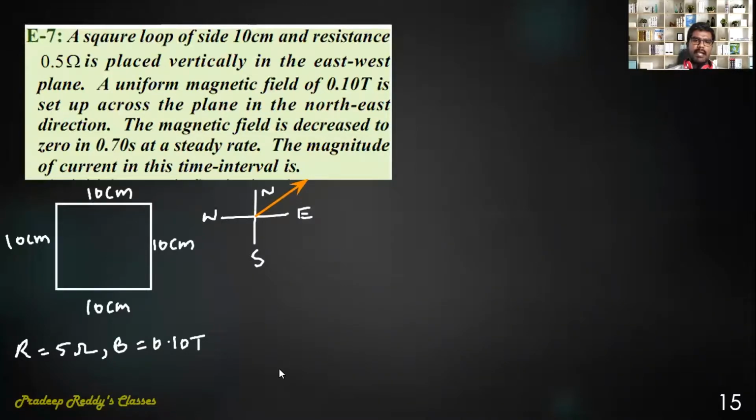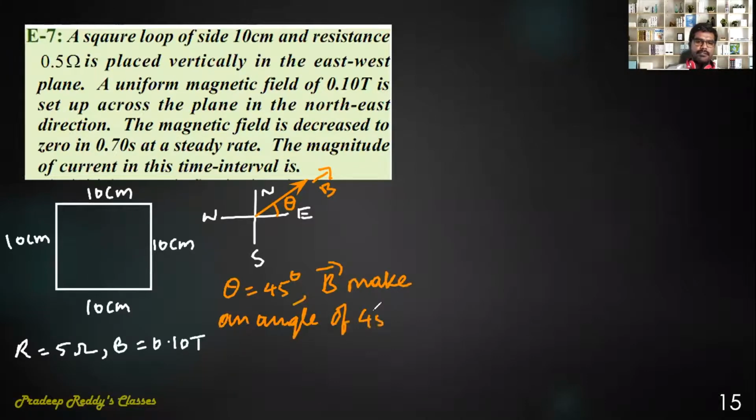This is the direction of magnetic field B bar. Now the plane over here, since it is exactly northeast, you can take this angle theta as 45 degrees. So B bar makes an angle of 45 degrees with the area vector.